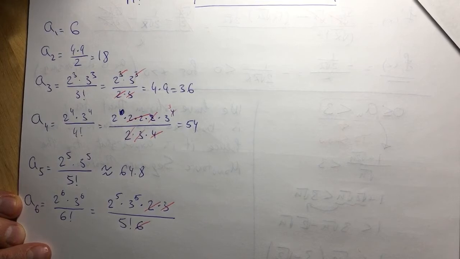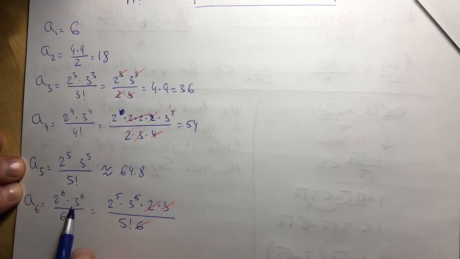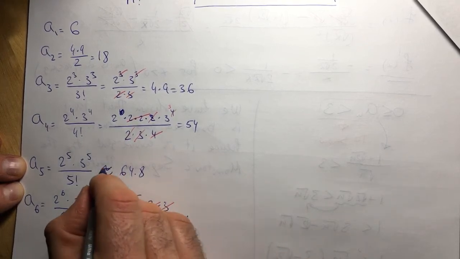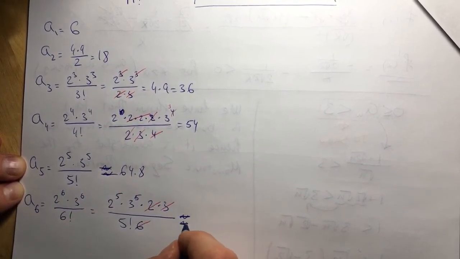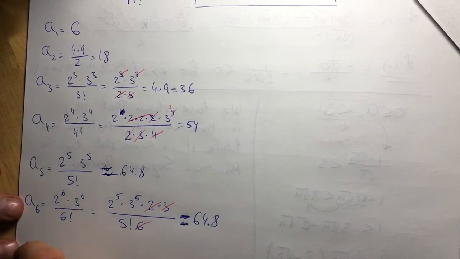And what do I get? I get that the sixth term is the same as the fifth term. The sixth term after the simplification ends up being 2 to the power 5 times 3 to the power 5 over 5 factorial, which is approximately, or maybe equal, I don't remember, to 64.8. Okay? And then I evaluated the seventh term, and the seventh term is approximately 55.54.